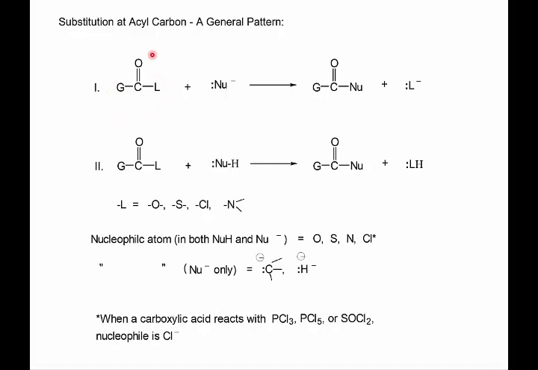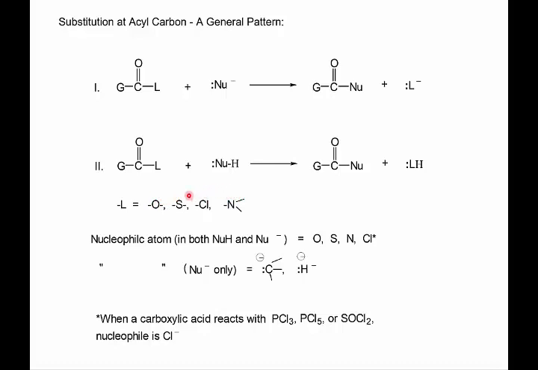The L in this general formula will be either a carboxylic acid, which would be OH, or a different heteroatom element. It could be sulfur, halogen, or nitrogen. If we had a compound that contained the sulfur, the halogen, or let's say O carbon, you'd have not a carboxylic acid, but a so-called carboxylic acid derivative.